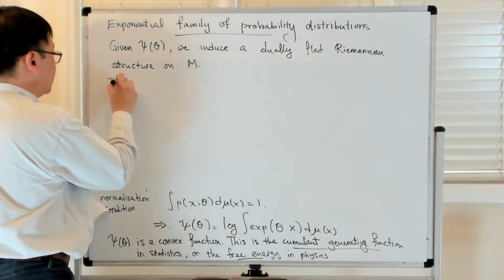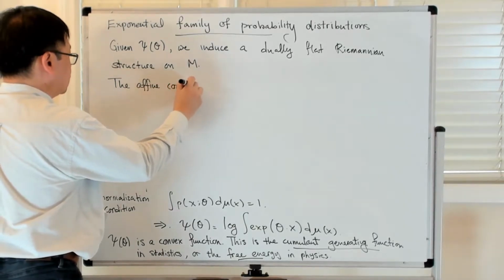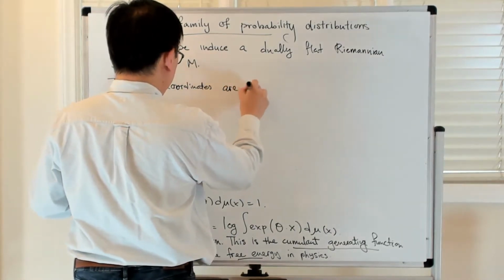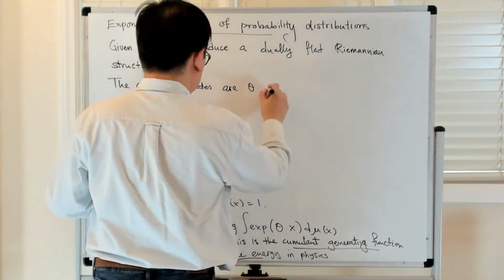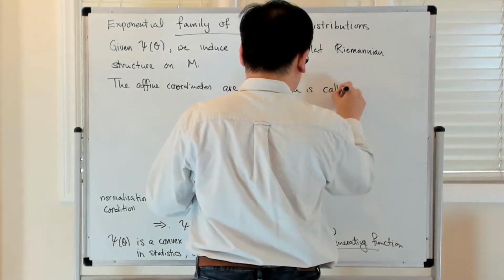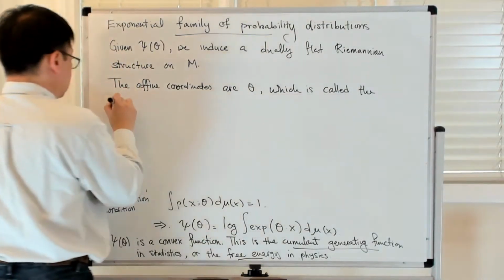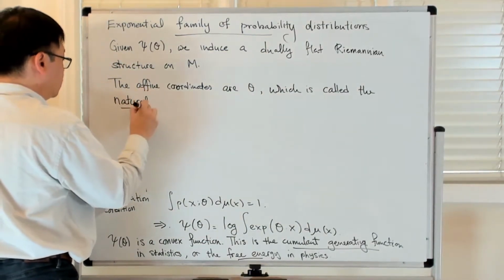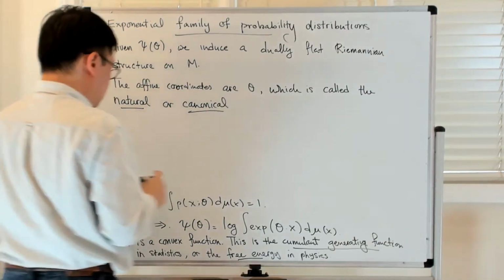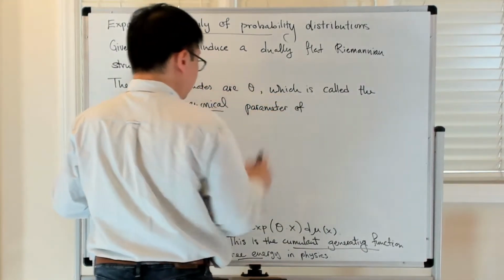So the affine coordinates are theta, which is called the natural or canonical parameter of an exponential family.